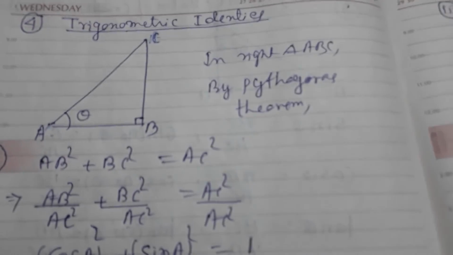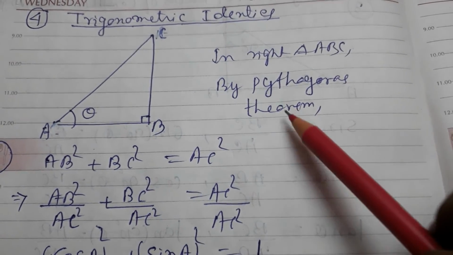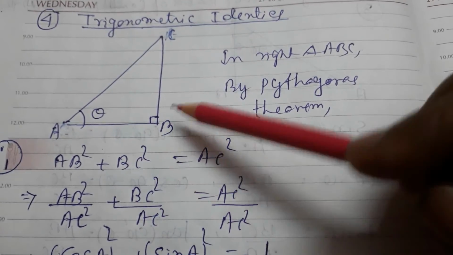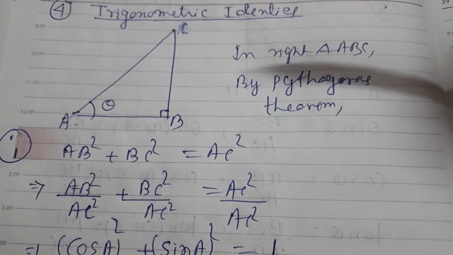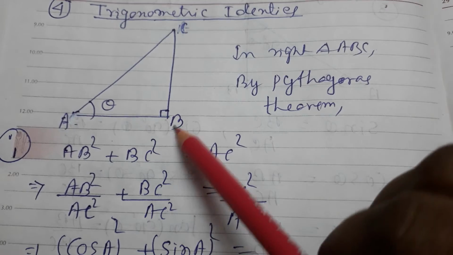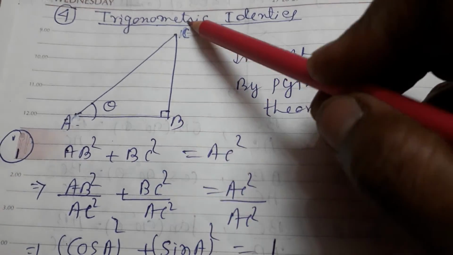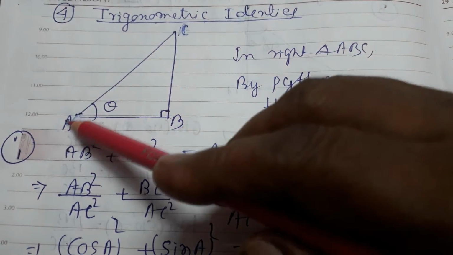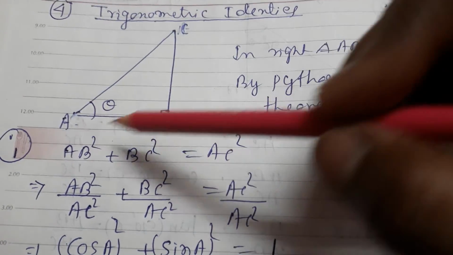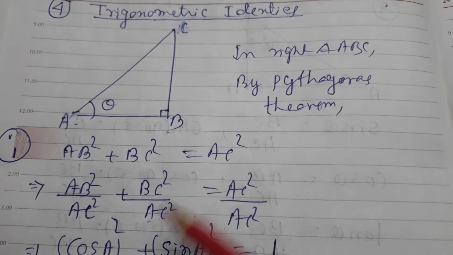Now, other trigonometry formulas, the trigonometric identities. In right triangle ABC, B equals 90 degrees. So AB and BC create the 90 degree angle, and AC is the hypotenuse. So AB square plus BC square equals AC square by Pythagoras theorem.